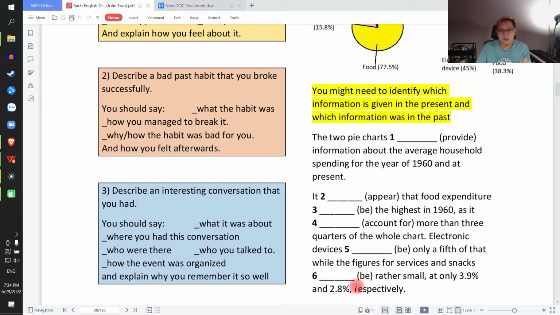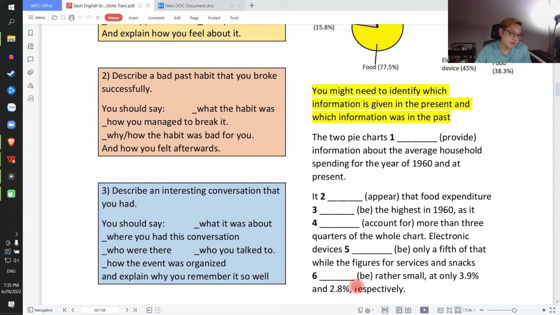So in English writing, of course, when you mention two things and you mention two numbers that go together with them, you have to use a comma and "respectively" to say that it followed that order, like the first thing with the first number and the second thing with the second number, respectively or accordingly.